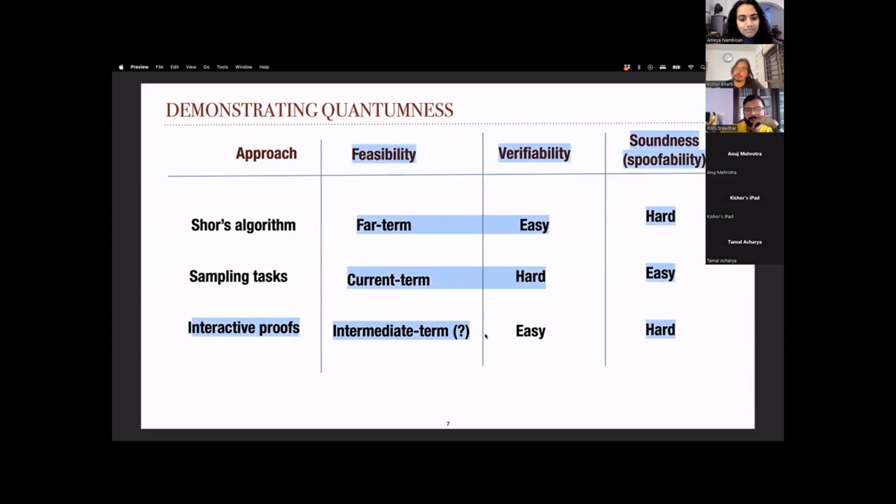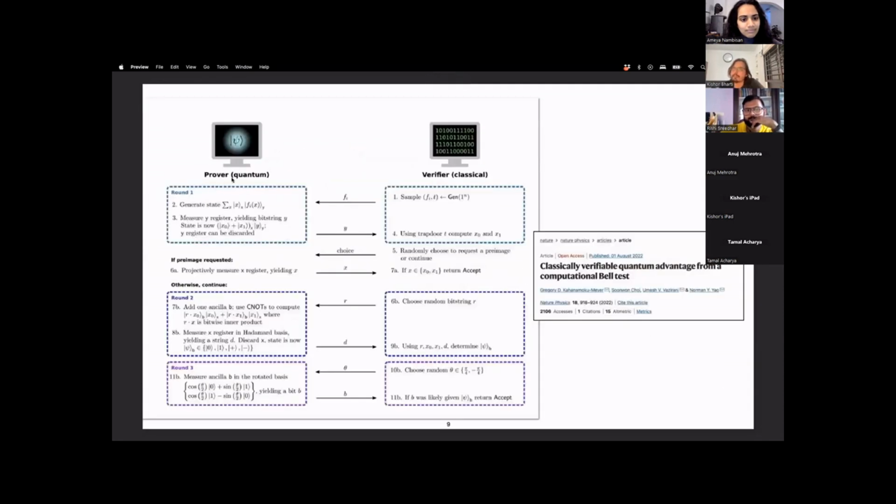It's basically a setup where there is a classical verifier and a quantum prover, and the prover claims that they have some ability, that they have a quantum computer and can perform a task which is classically not possible. Now, how do we check it? We ask a question and the prover responds. Then we ask a question again and the prover responds.